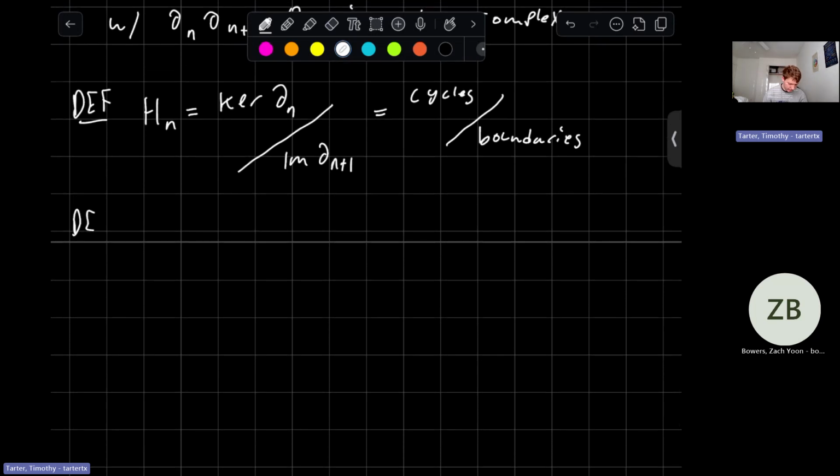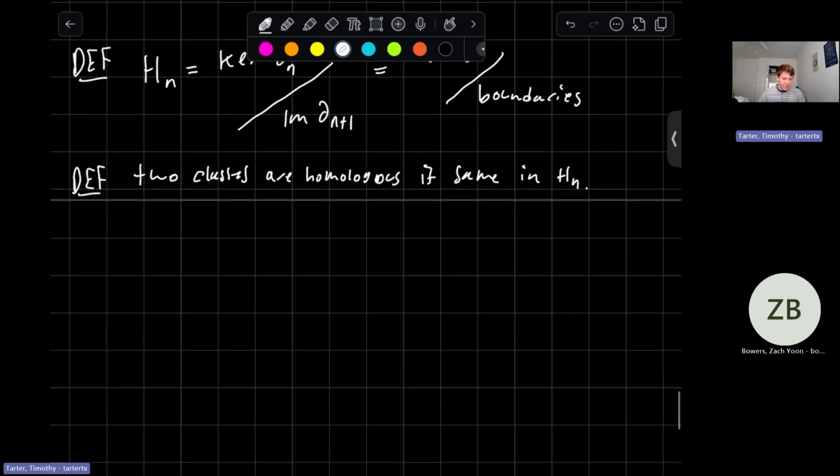So by definition, two classes are homologous if they are the same in H_n. This means their difference is a boundary.